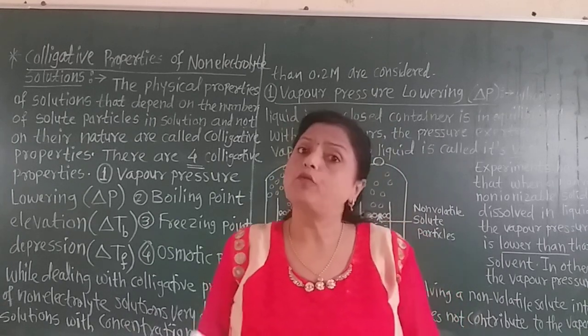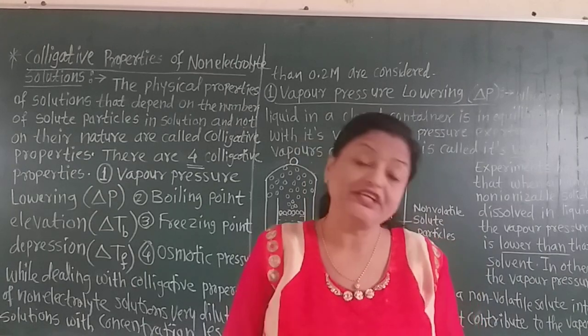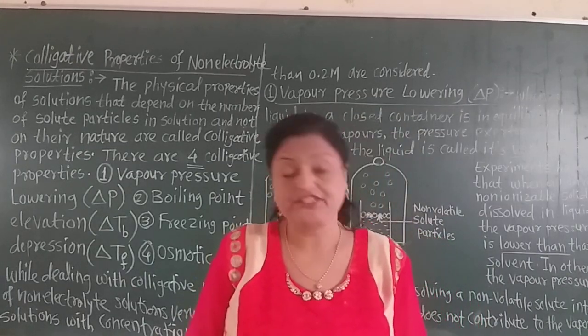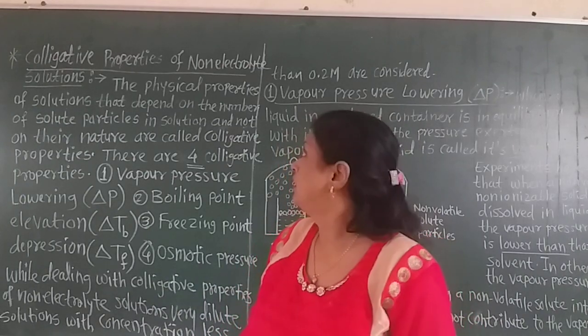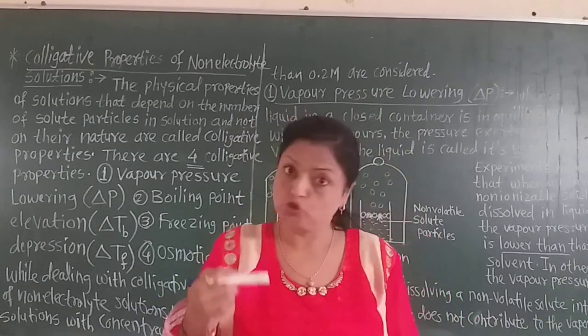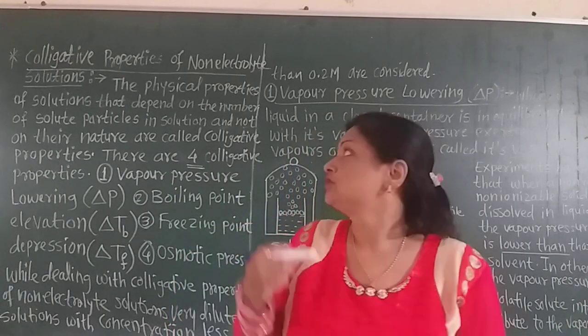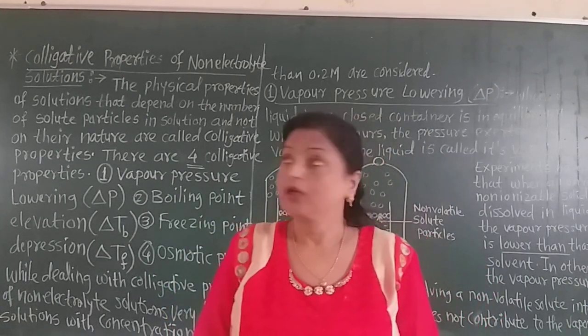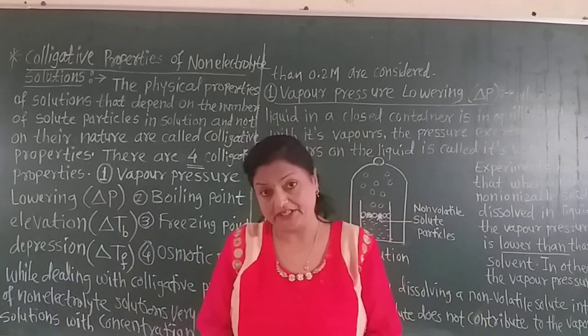It does not give positive or negative ions. Such non-electrolytes include urea, sugars such as glucose, and cane sugar. When such solutes are dissolved into the solvent, they form solutions of non-electrolytes. So let us learn first about the colligative properties.